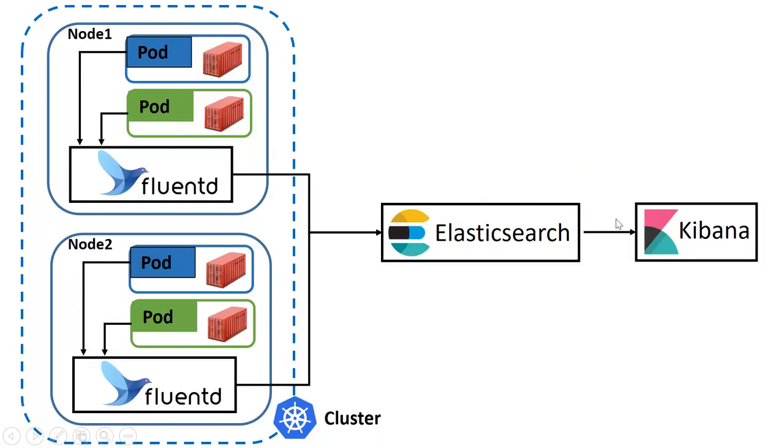Now what we are going to do is set up EFK within our Kubernetes cluster, where again I don't have to set up everything separately. I can find the latest available images for EFK and install them within our cluster, so it's quite easy for us to manage the installation and configuration.